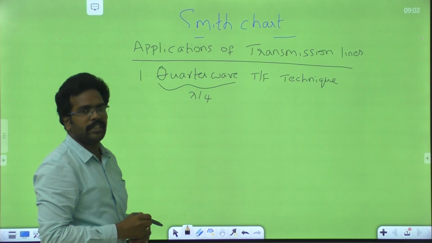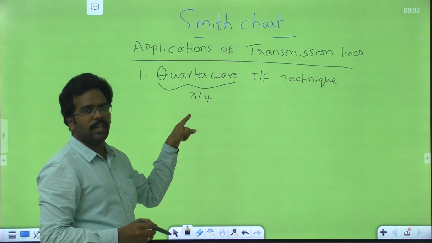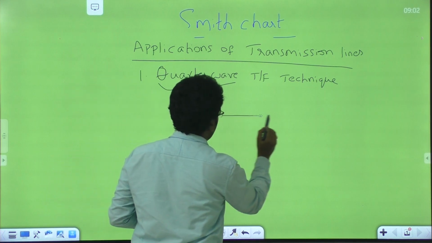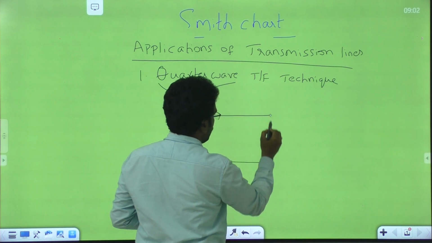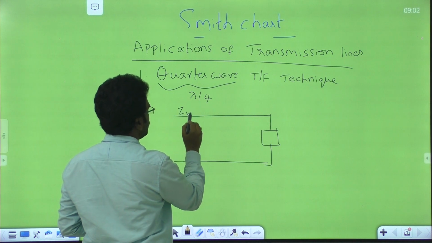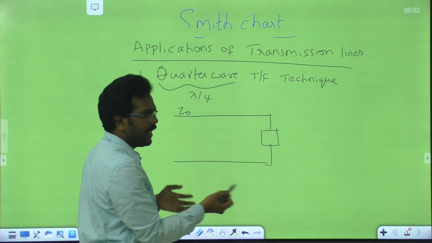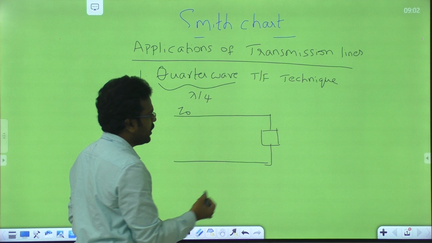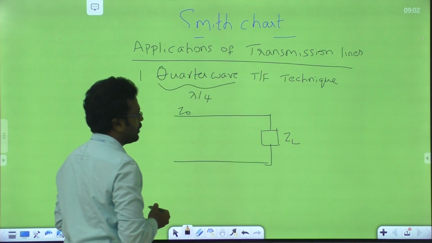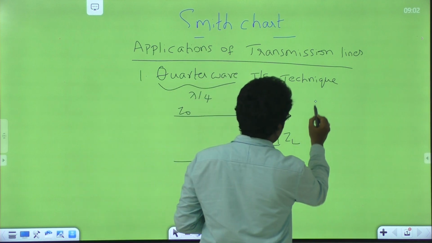For impedance matching, I am using a transmission line of length lambda by 4. Here this is one transmission line with characteristic impedance Z0 of some length, and this is the load impedance. What is the formula of the reflection coefficient?